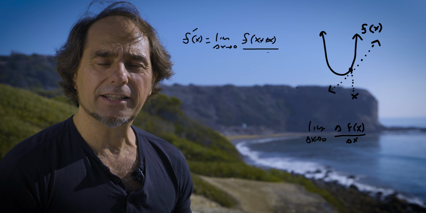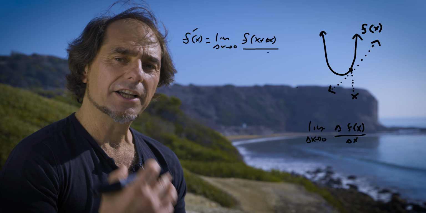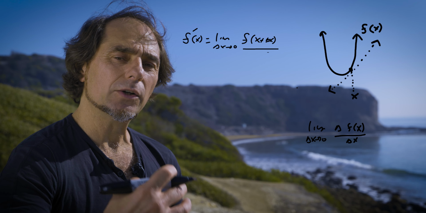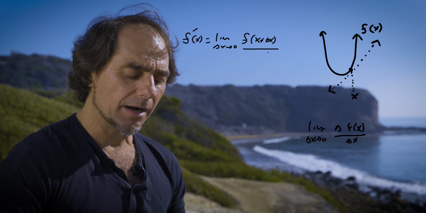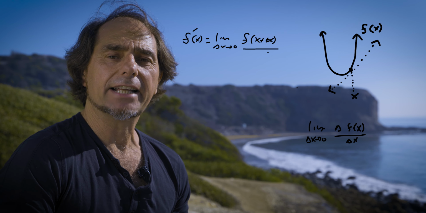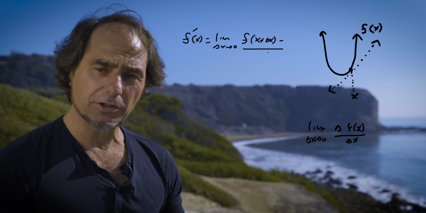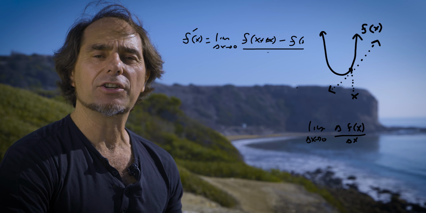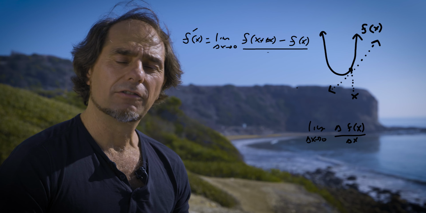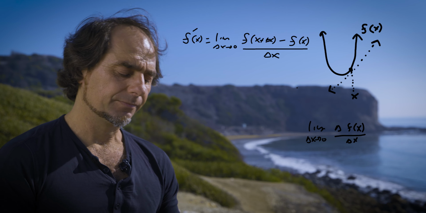The reason I write this in general with the delta x is that I'm at some general value f of x, but the second y coordinate is a little bit further along, whatever that number would be. I'm going to generalize that by saying it's a little delta x more away, minus the original y, which we're just going to call f of x. This way we have a generalized function for the derivative, all over delta x.